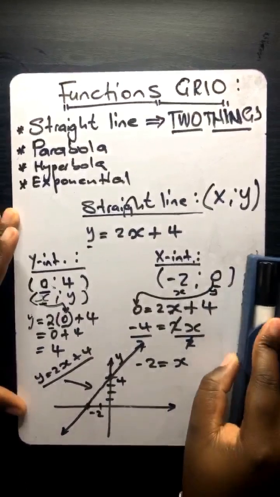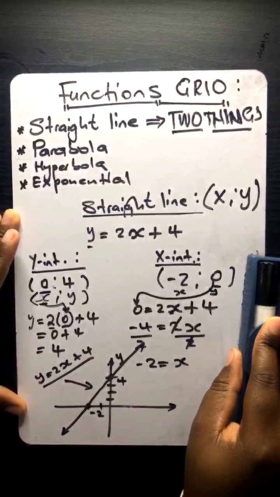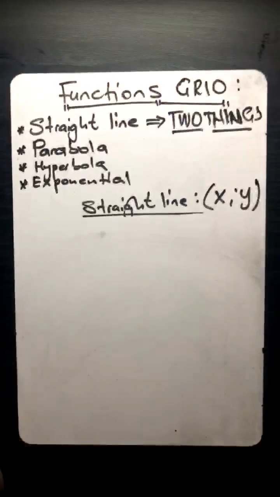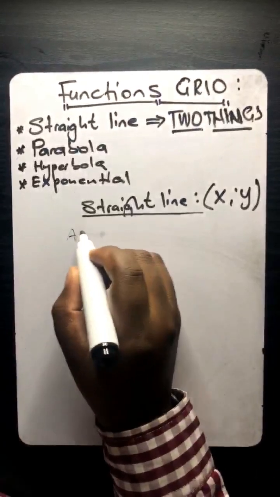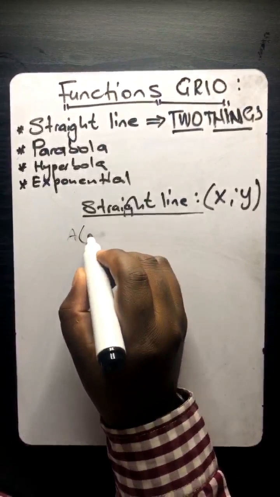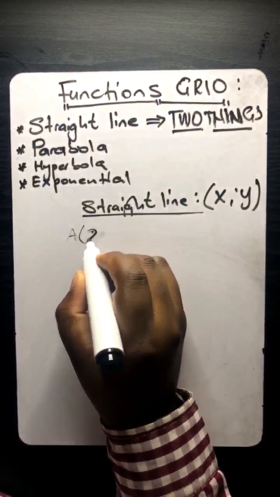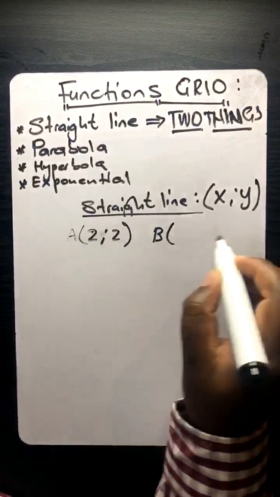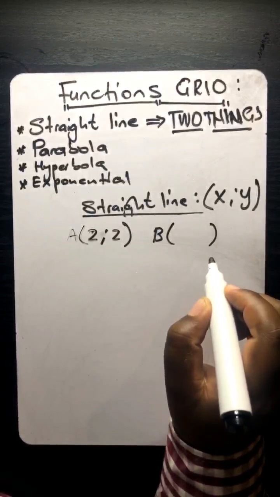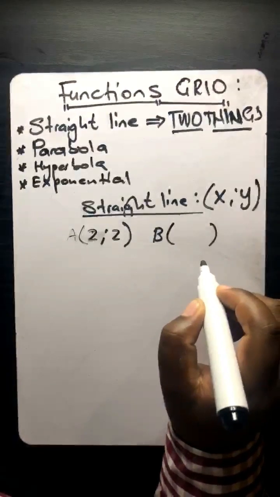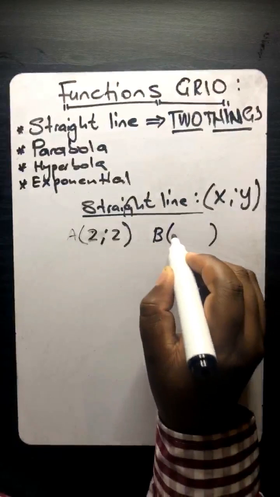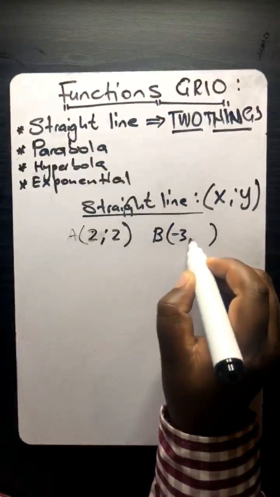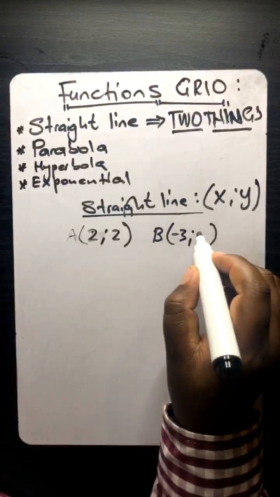Okay, so very quickly, let's try to see what else the examiner can say. They can give you 2 points, being point A and B. Let's say point A is (2, 2), and then point B, and let's say which other point, let's say (-3, 4).